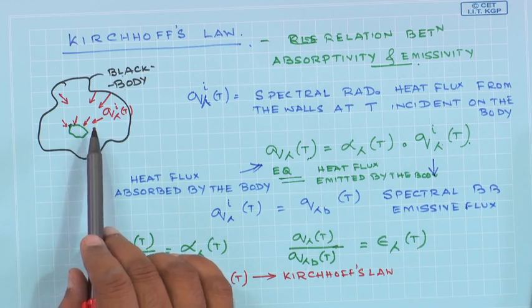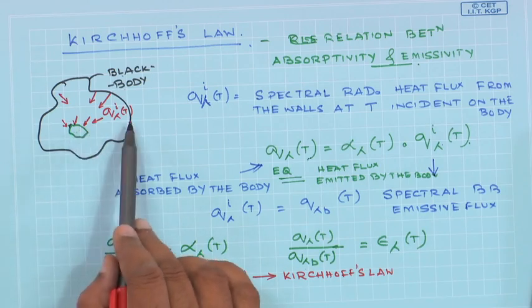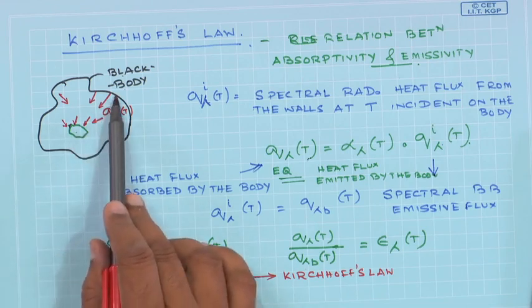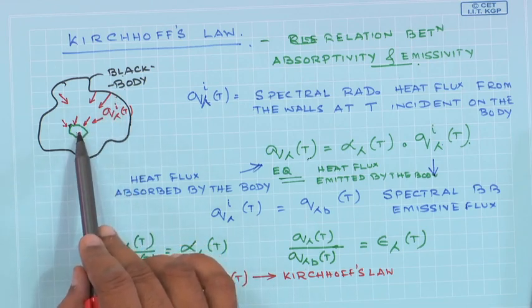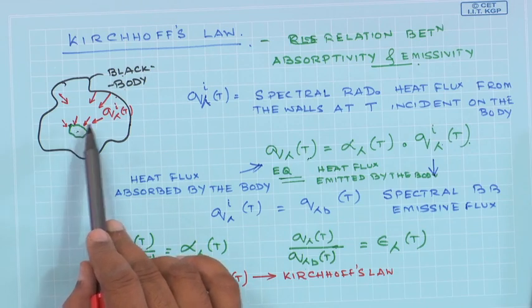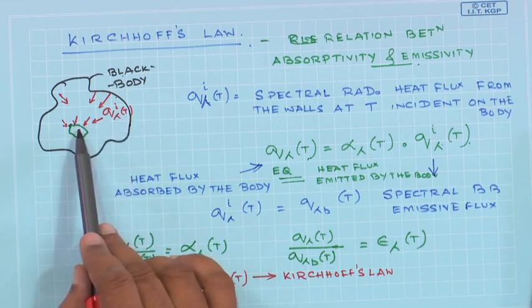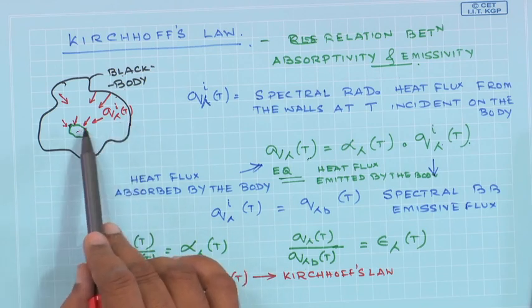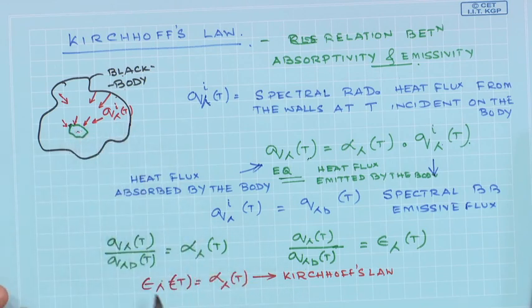Remember, we have assumed that this has reached thermal equilibrium with this. So, whatever be the temperature of the black body, since this is inside the enclosure for a long time, it has also reached the same temperature as this one. So, when these conditions are met, we can say that the spectral emissivity is equal to the spectral absorptivity.